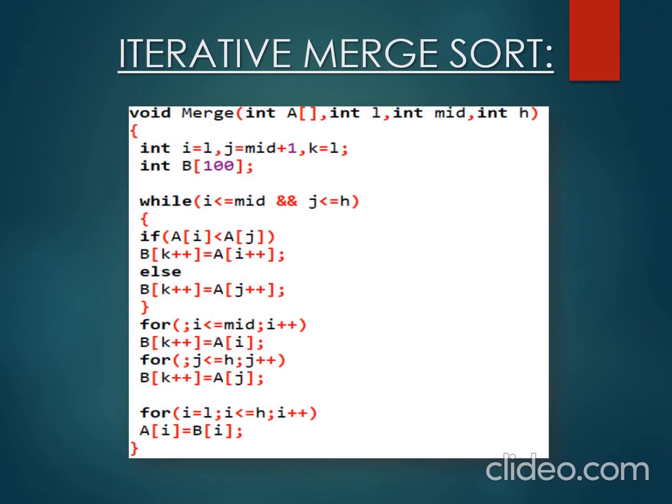So now we need to trace through this algorithm. Here the void merge function takes the parameters: an array, lower end, middle element, and the higher end. Here we took i, j, k as the other variables, where the main logic is.